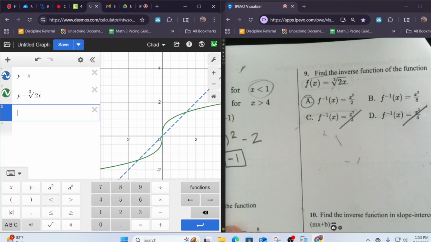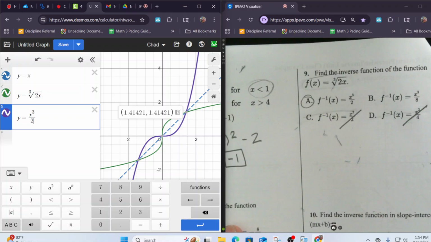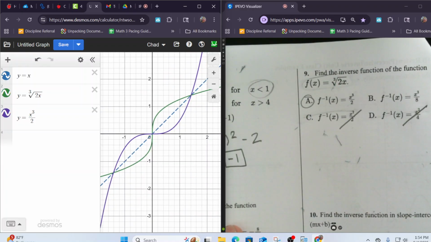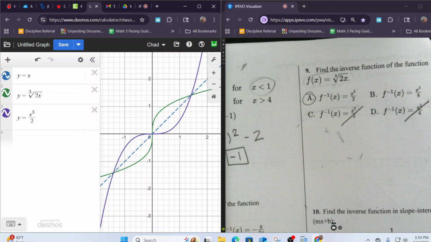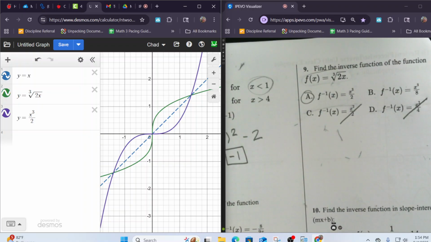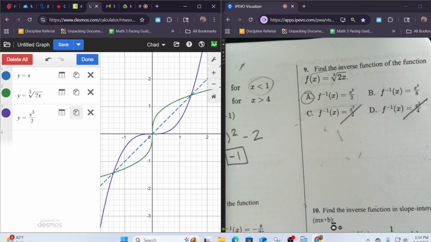if A is going to be the answer, if you put that answer in, y equals, notice how they have 3 points that intersect on the line, and you could tell those two functions are symmetrical over y equals x. The answer there would be A. If you look at B, it looks a little bit different.